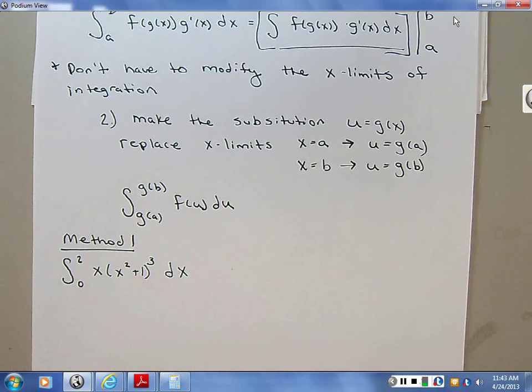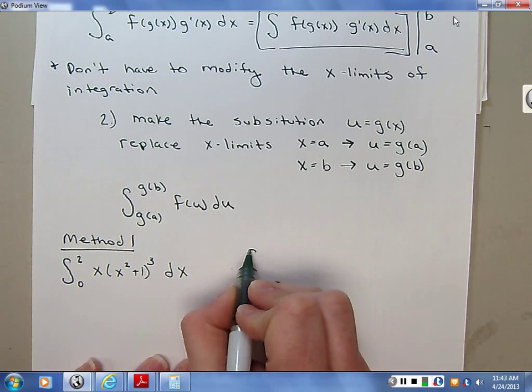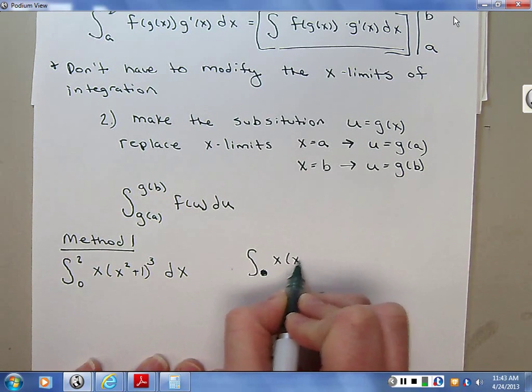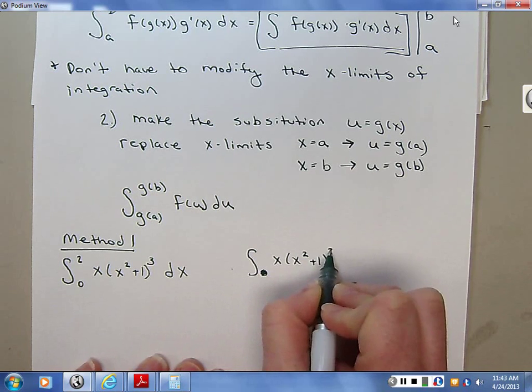Well, method 1 would tell me to change this to an indefinite integral, integrate that in terms of u, plug back in terms of x, and then deal with that and use my upper bound and my lower bound. So method 1 would say evaluate x times (x squared plus 1) cubed dx first.